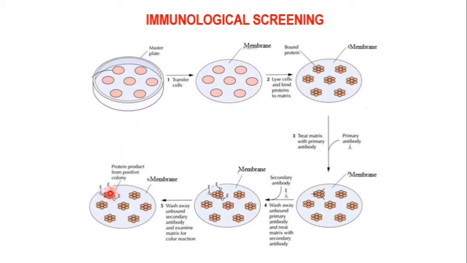Here you can see the primary antibody is attached, and the secondary antibody is also attached here. Here there is no specific DNA protein, so there is no attachment of primary antibodies, and therefore no secondary antibodies attached either. Only here is the secondary antibody attached, because the primary antibody is there, and the enzyme will produce a colored compound when substrate is added. At this location we have the colored colony, and we can compare this location with our master plate.